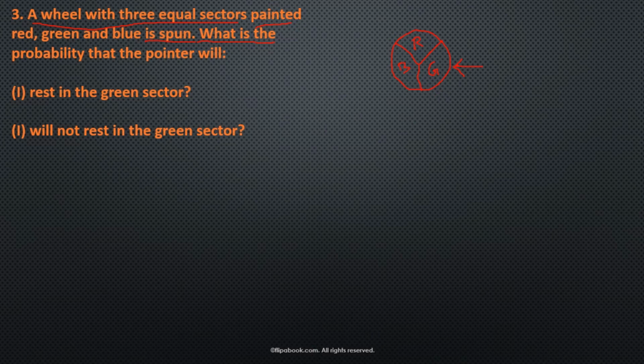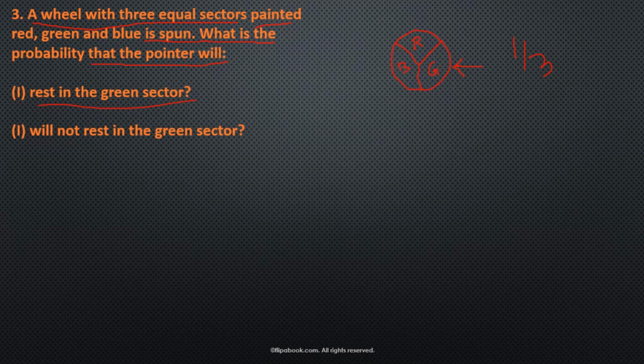There is only one green sector, out of how many sectors? This is 3 sectors. So there is a probability of 1/3, because there is only one green sector and the total number of sectors is 3. So 1 divided by 3 is going to be the probability. Don't worry if you don't understand, you will understand in the solution part.